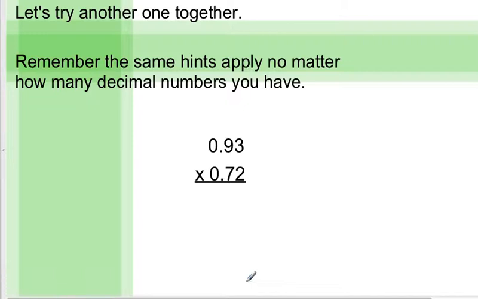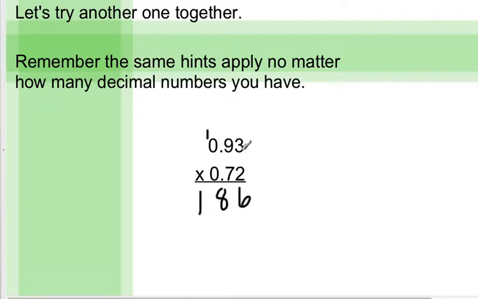And remember, the same hints apply no matter how many decimals you have. First thing that you're going to do is you're going to pretend there aren't any decimals there. 2 times 3 is 6. 2 times 9 is 18. Carry the 1. 2 times 0 is 0, plus 1 is 1.